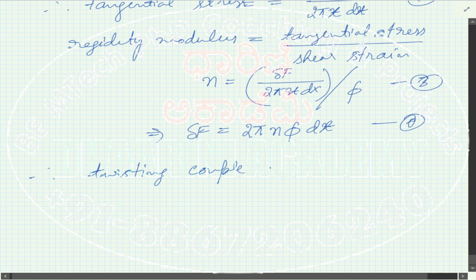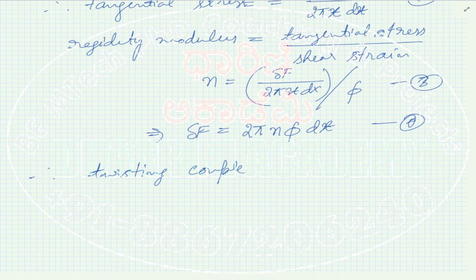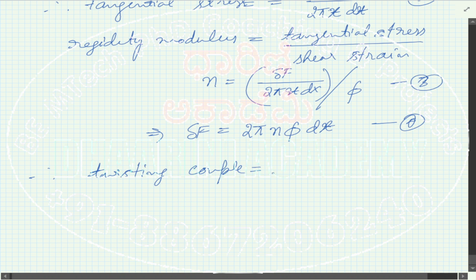Twisting couple is delta C, which is the tangential force into the distance.